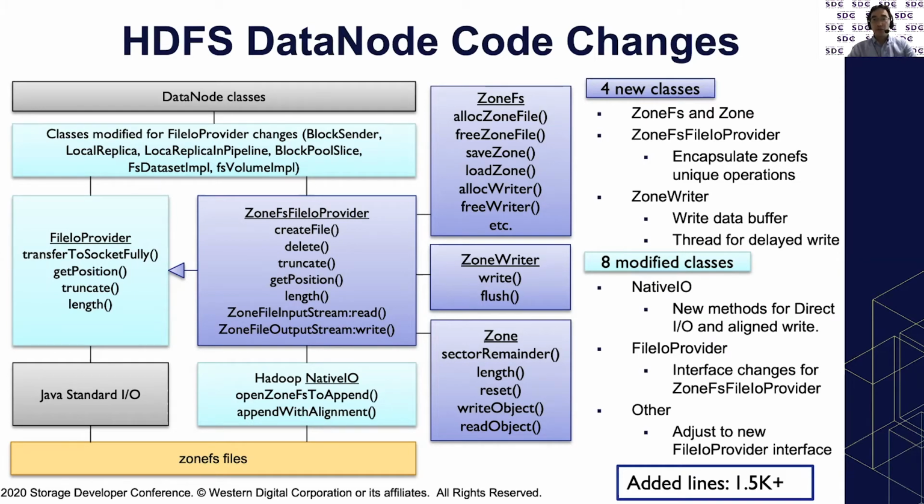This chart shows the changes made in the HDFS DataNode. DataNode has many classes. When HDFS operates block files, those operations are always passed to the class File IO Provider.